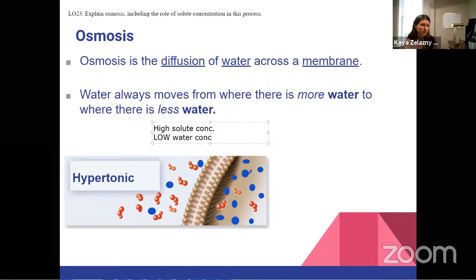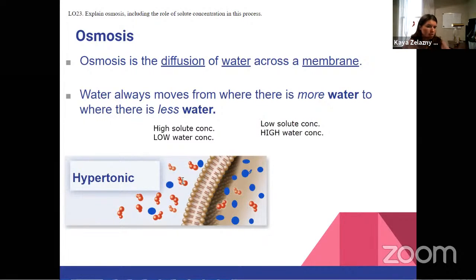And we don't usually think about concentrations of water, but basically they are the inverse of each other because of these spatial relationships. So on the inside of the cell, we have low solute concentration, high water concentration.